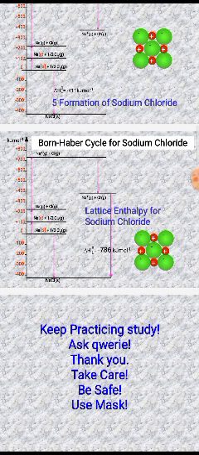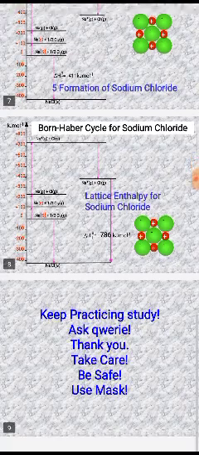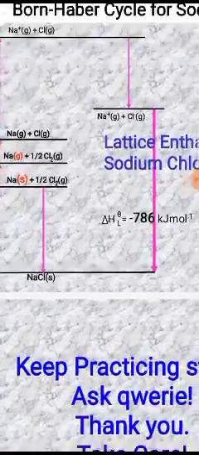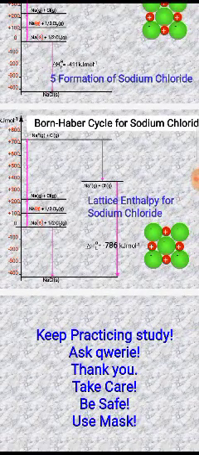The Na plus and Cl minus in the gaseous state, as previously said, when they get together there is energy, and the enthalpy reaction is shown here, with the lattice enthalpy of 786 kilojoules per mole, and there is the formation of sodium chloride in the solid state.